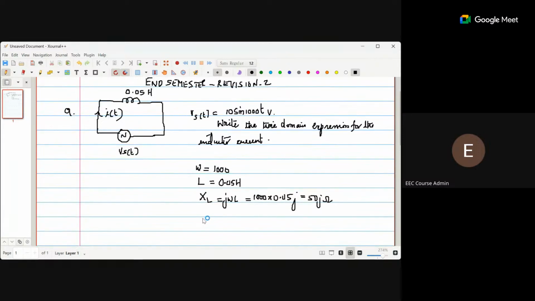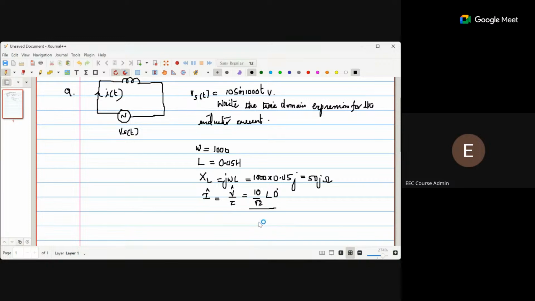Now I vector would be V divided by Z, that is 10 by root 2 angle 0 divided by 50 j, which is 50 angle 90.